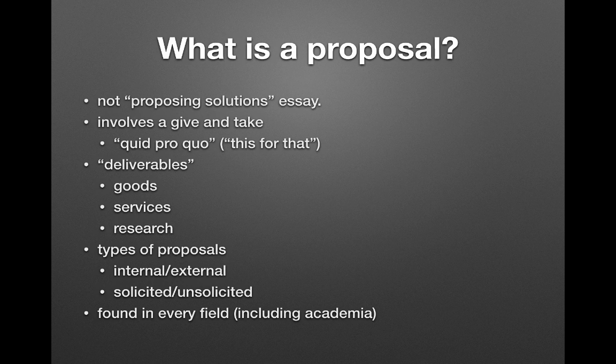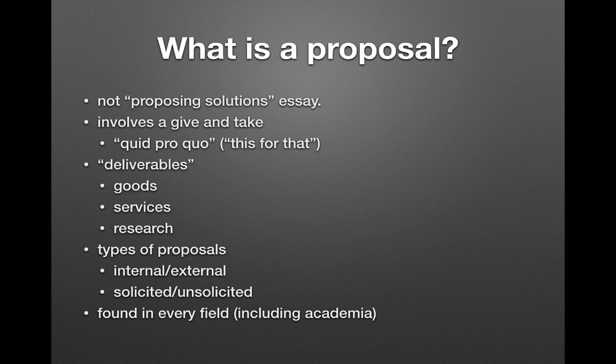So maybe you're working for a company and you see something that you think could be done differently, and typically you'd go to your supervisor and suggest that they do things differently, but there might be a situation where your supervisor will say, good idea, write it up in the form of a proposal and I will carry it to the higher ups and see what they think about it. So that would be an internal proposal.